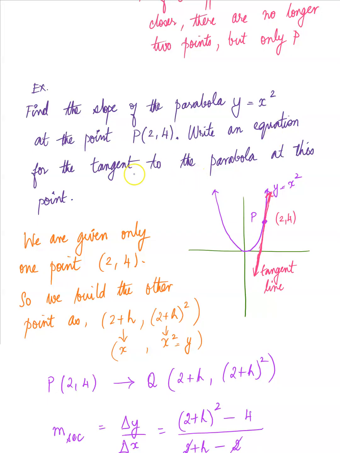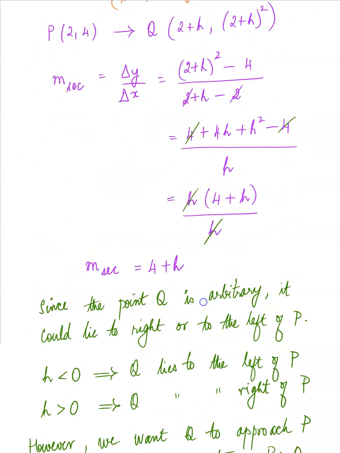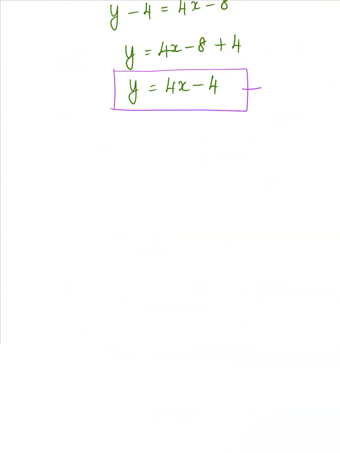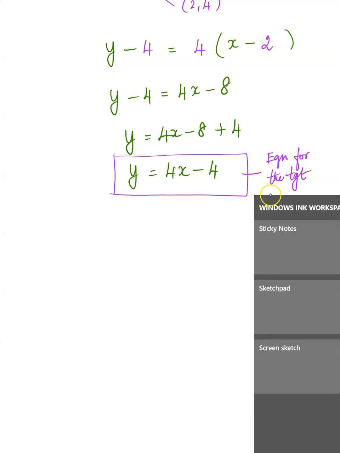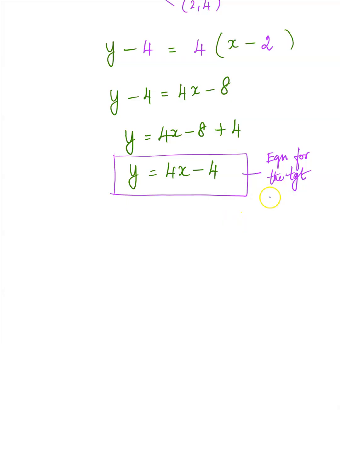So you come back and say this is the equation for the tangent line at (2, 4).